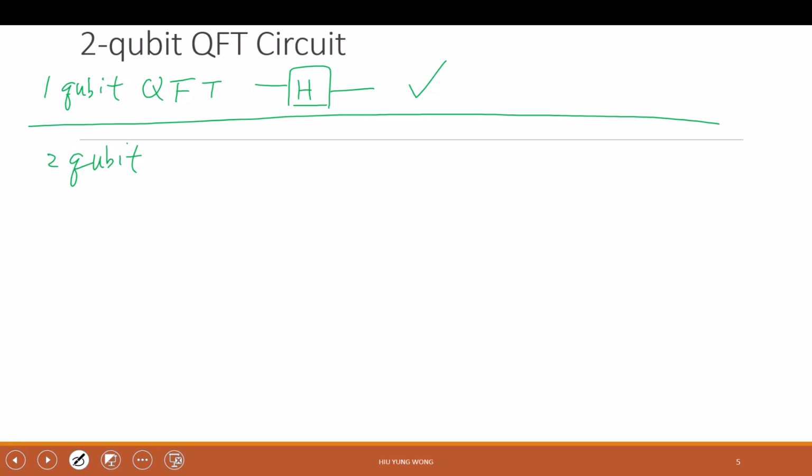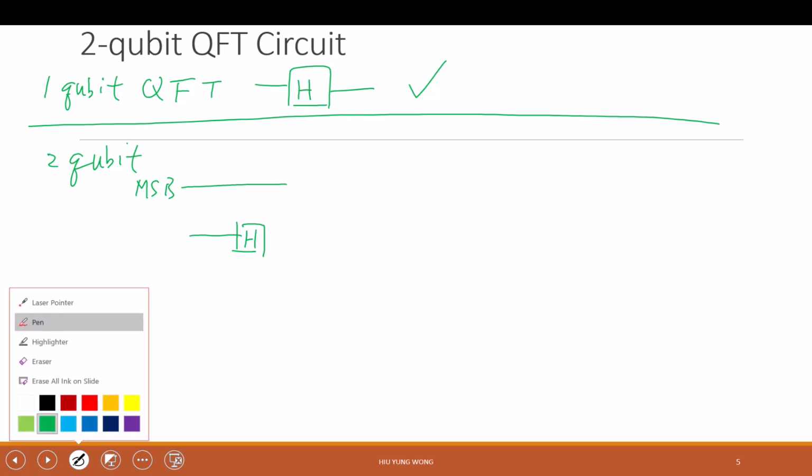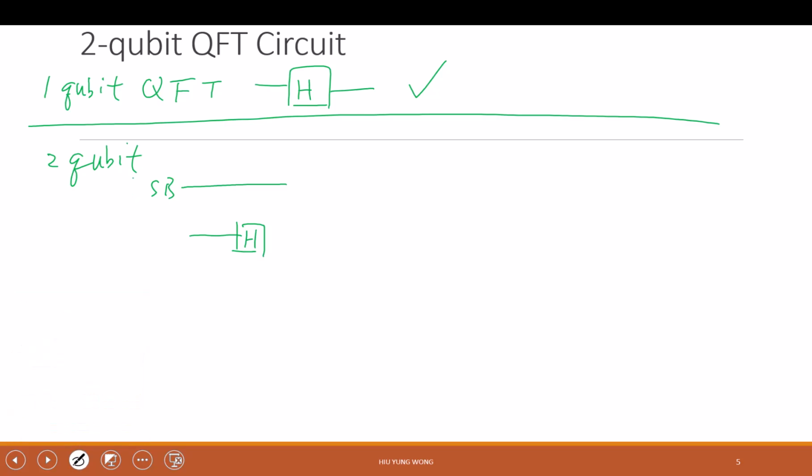So the 2-qubit QFT is something like this. I just draw the circuit for you. Of course, you have an MSB. So here I put the LSB on top, just like IBMQ, and the MSB at the bottom, because it's 2 qubits. The MSB gets a Hadamard gate, and then we have a gate called control phase shift for negative 2 pi divided by 2 to the power 2.